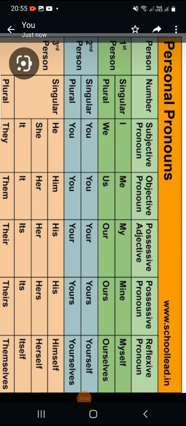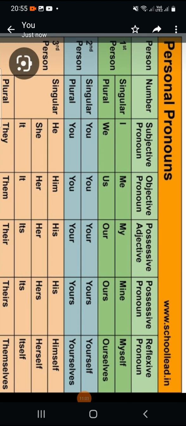I'm repeating, that will be placed in the beginning of the sentence, or you can say left hand side of the verb, or you can say these subjective pronouns will be used as subject, right?